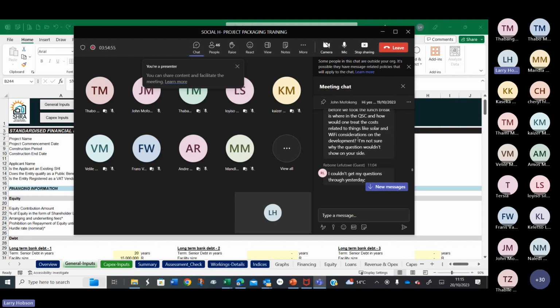But if you can get other funding from other agencies funding green projects, go for it. It all means that you've got less you have to borrow. So I hope that helps there, Tabile.